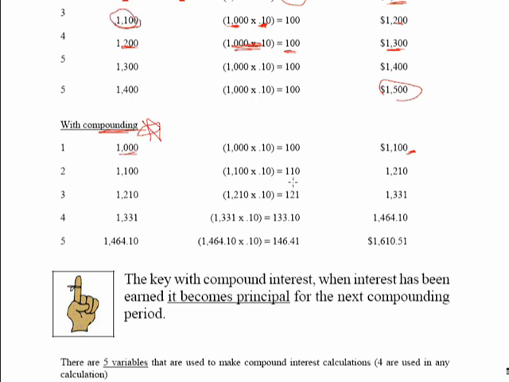So the second period we don't just make another $100, we make $110 because it's 10% of $1,100. So at the end of the second period, where originally we had $1,200, now we have $1,210. We have an extra $10. And that extra $10 represents compound interest, which is interest on previous interest.